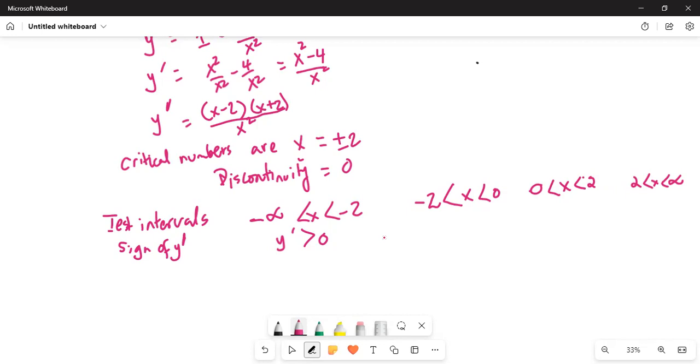So one positive, one negative. So what happens to the numerator? It becomes less than 0. So this one, y prime is less than 0.